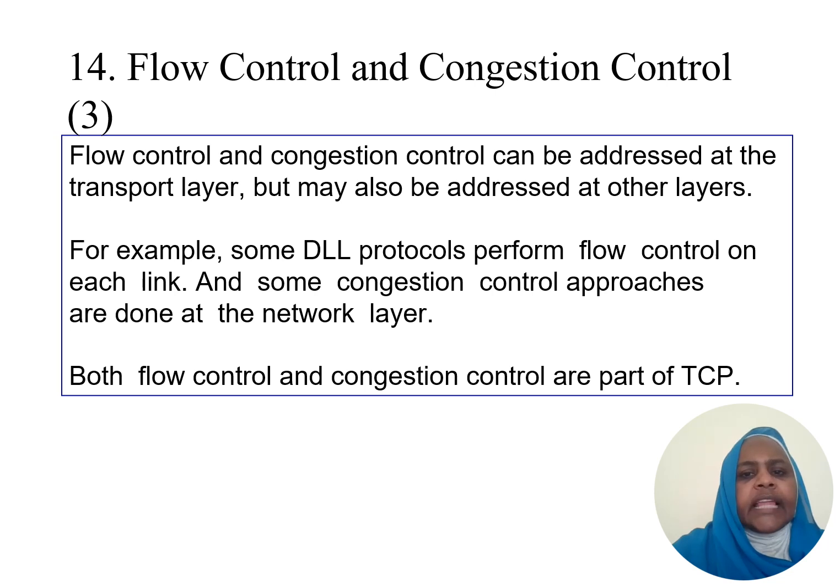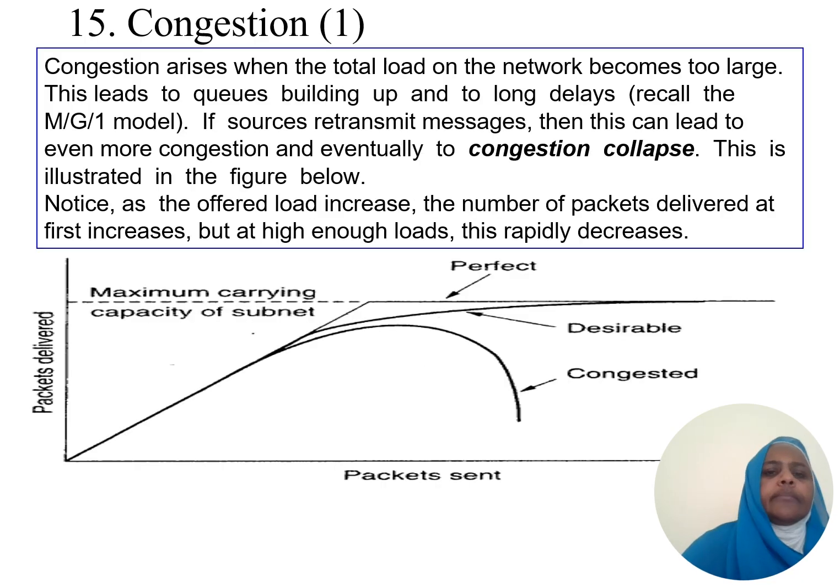For example, the data link layer protocols perform flow control for each link, and some congestion control approaches are done in the network layer. Both flow control and congestion control are parts of TCP. Congestion collapse happens when the number of packets sent is too large for the network to manage.